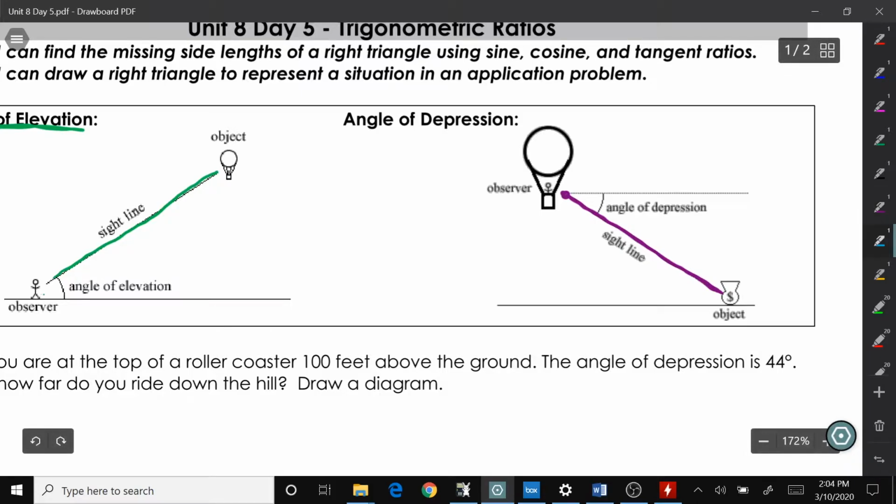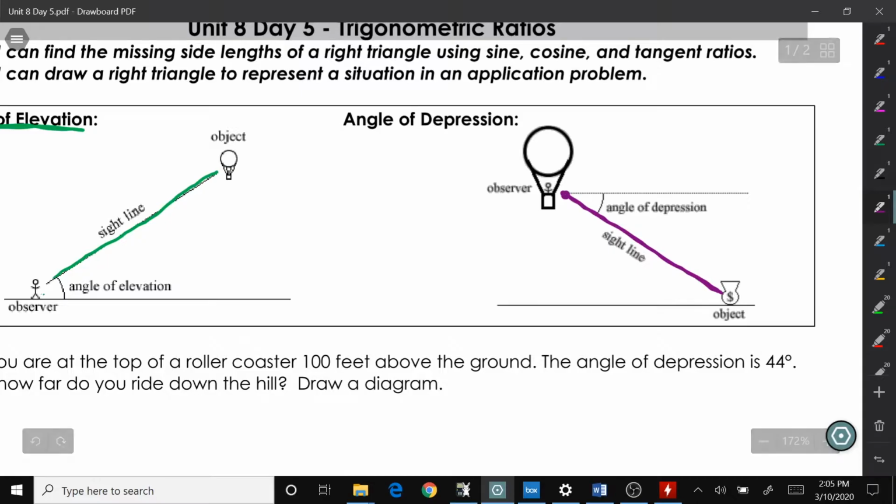What a lot of people will do if they're drawing a picture is they'll make a right triangle like this, and they think that this is the angle of depression right here. That's not the case, so you'll notice that it's a completely different angle. So the angle of depression is actually above our sight line.